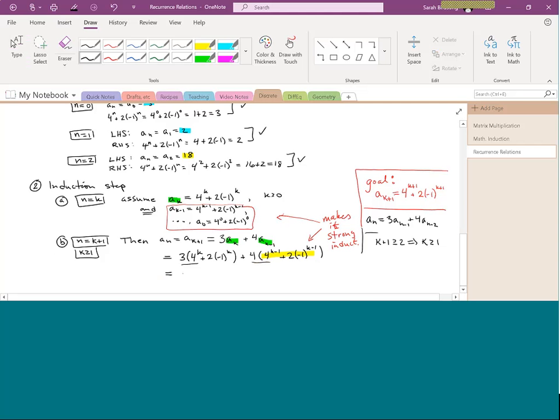This first one out here is 3 times 4 to the k. The second one right here, well, that 4 multiplies by the 4 raised to the k minus 1. And what happens to the exponent if we multiply those 2 guys together? What would be the new exponent on the 4 from this term? Anybody got that?